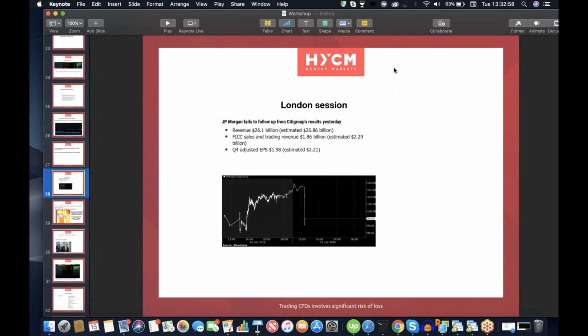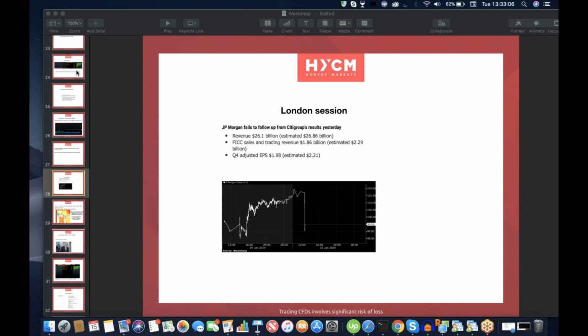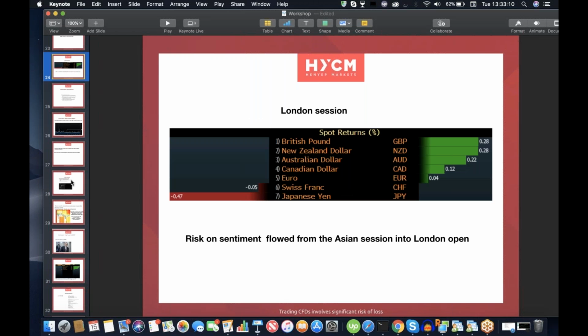We also had, now this is another good lesson for us all, because we'd been seeing at the start of the London session that trade was very much in this risk on sentiment scenario.